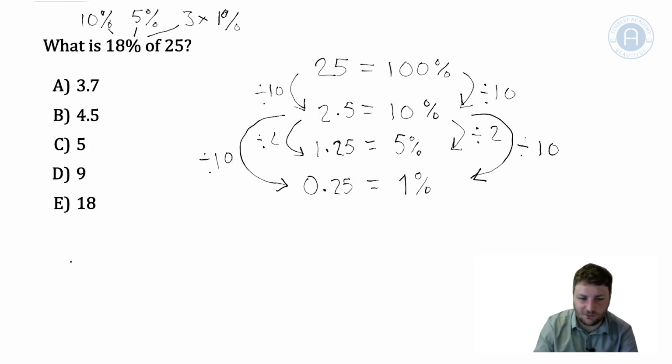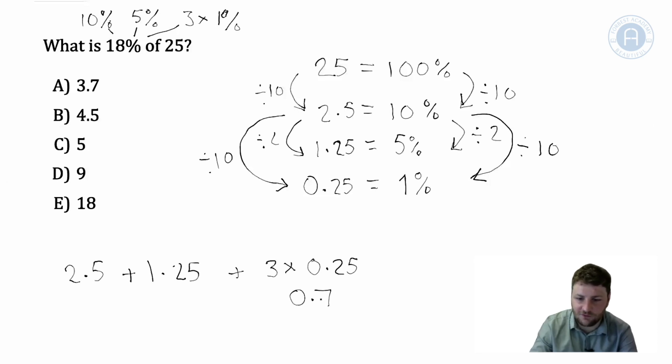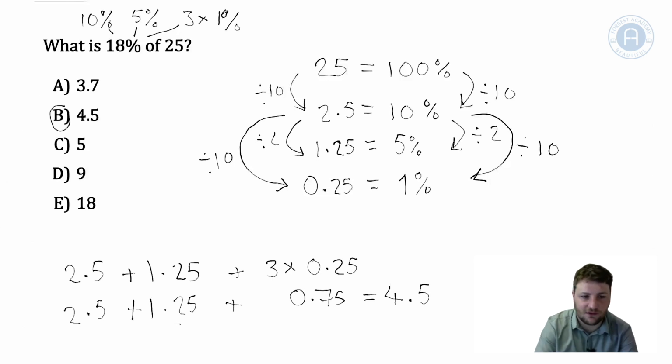So obviously 10% we said was 2.5, 5% is 1.25, and 3 lots of 1%. 3 times 0.25 is 0.75, plus 1.25 is going to give me 2, plus 2.5 is going to give me 4.5. So that's another method, still getting that answer of 4.5.